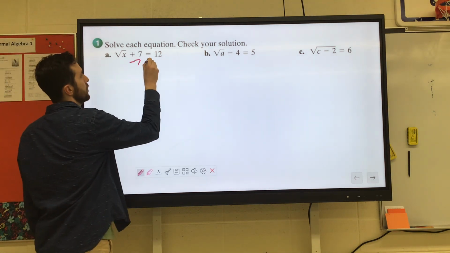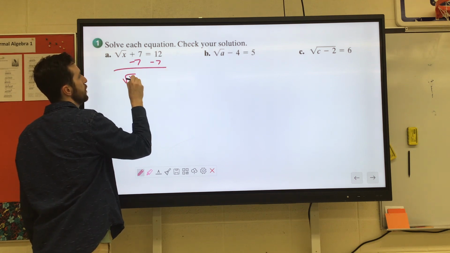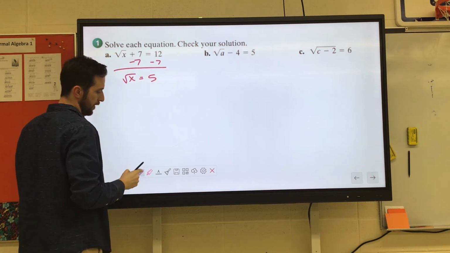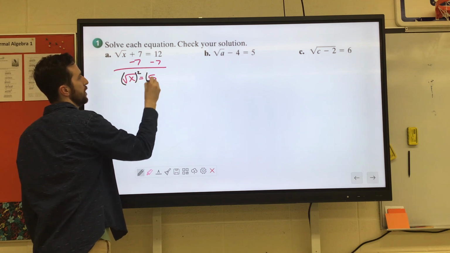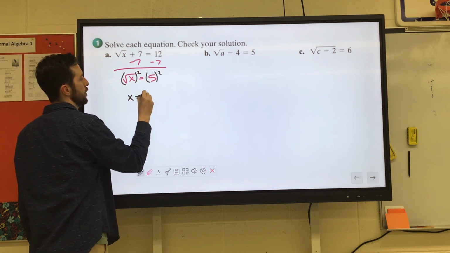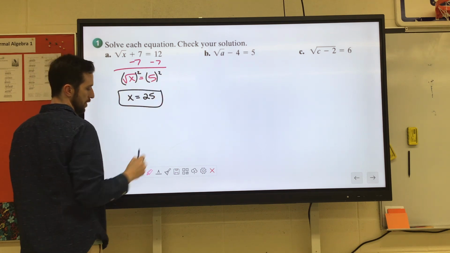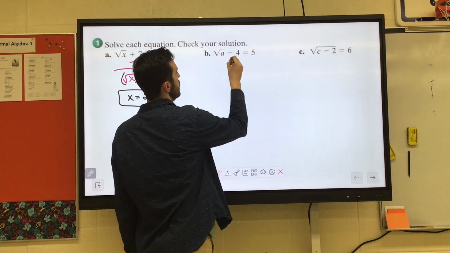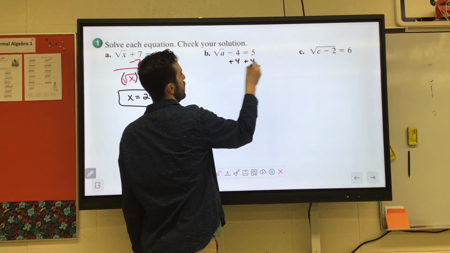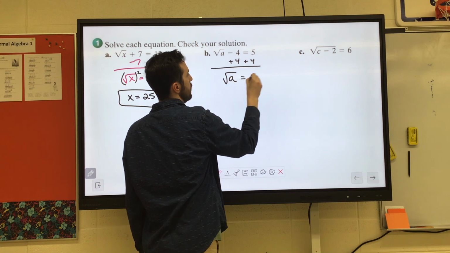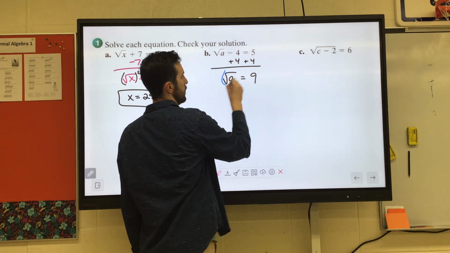Here I would subtract the 7 first. Square root of x equals 5, and then we'll cancel out the square root by squaring. 5 squared is 25. Over here we would add the 4 first. Square root of a equals 9, and then we will square both sides.